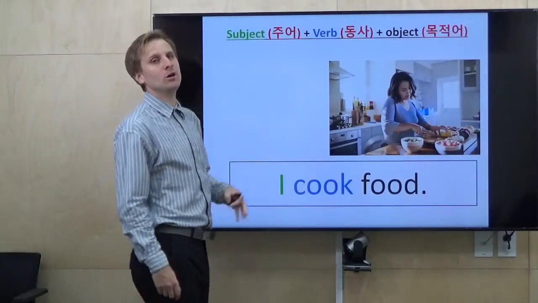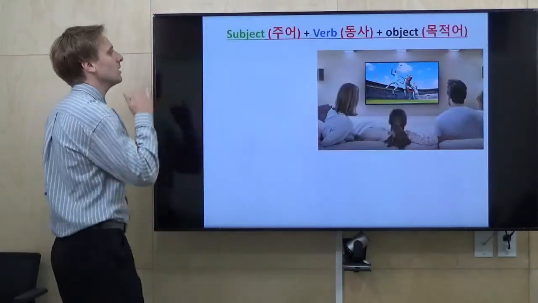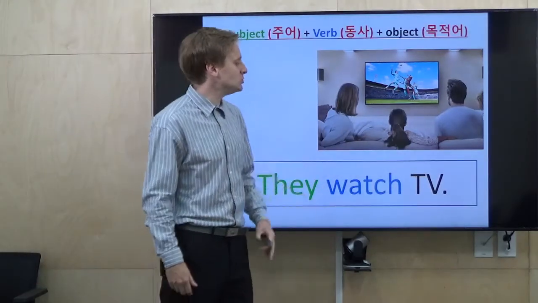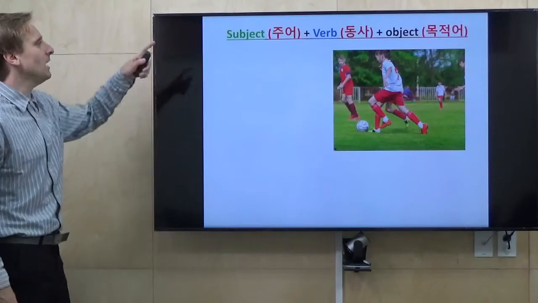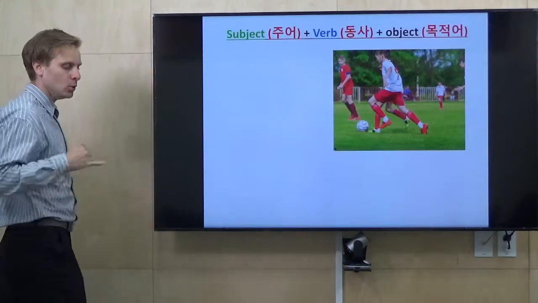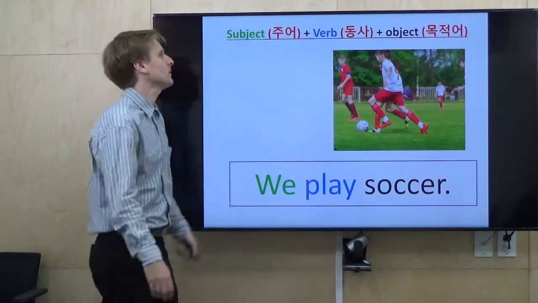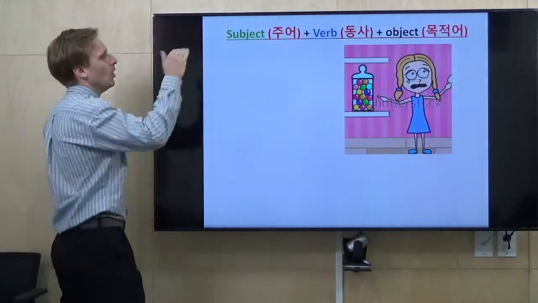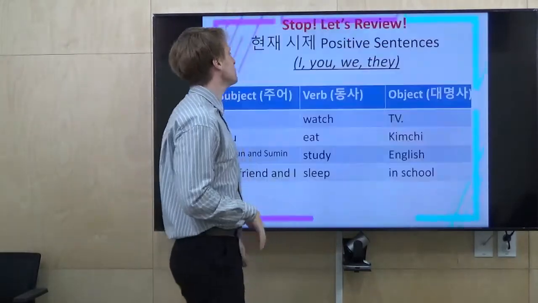I cook food. They. Subject, verb, object. 3, 2, 1. They watch TV. We. Subject, verb, object. 3, 2, 1. We play soccer. You. Subject, verb, object. You want candy.